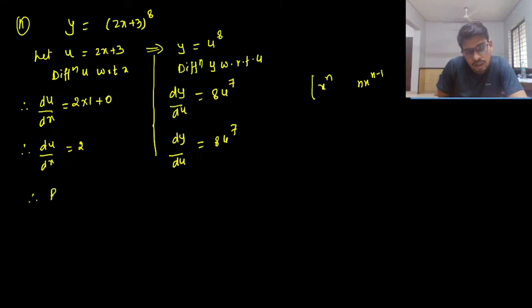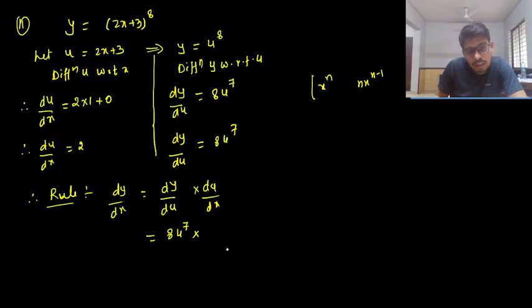So what is the chain rule? Chain rule says that dy upon dx you can write as dy upon du into du upon dx. So dy upon du we have 8 u raised to 7, and du upon dx is 2.